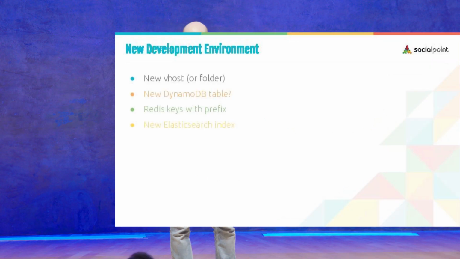Now we need a new virtual host, the Redis key prefix, the Elasticsearch index, and with Dynamo, we can create a new table for each environment. We can have a column for the environment. We decided to go with a new table for each environment, but it's hard to scale. But, well, it works.